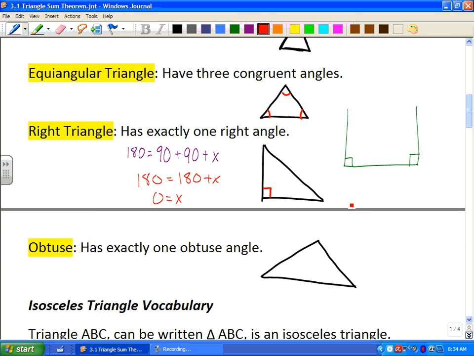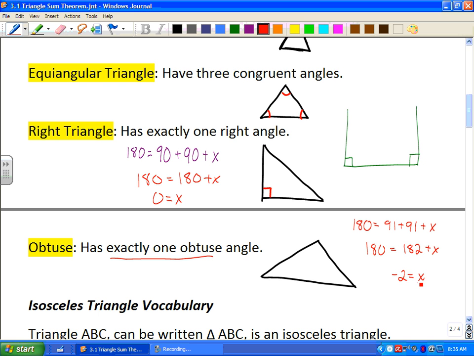All right, an obtuse triangle has exactly 1 obtuse angle. We'll ask you the same question. Is it possible to have 2 obtuse angles in the same triangle? Why not? What if one angle is 91 and the other angle is 91 plus the third angle, 180 equals 182.